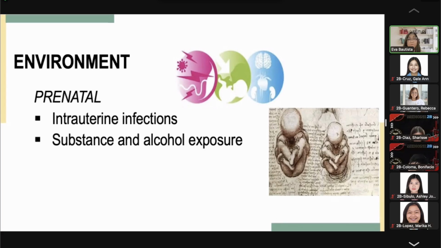All of these in utero can affect the growth of the fetus, giving birth to a small for gestational age infant or an infant with intrauterine growth retardation. Substance abuse and alcohol exposure, such as fetal alcohol syndrome, cause physical deformities and growth retardation as well.